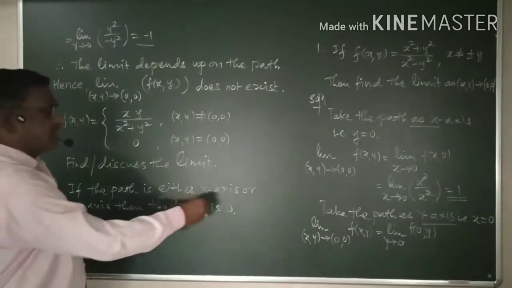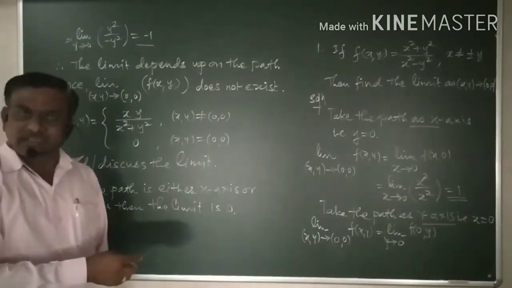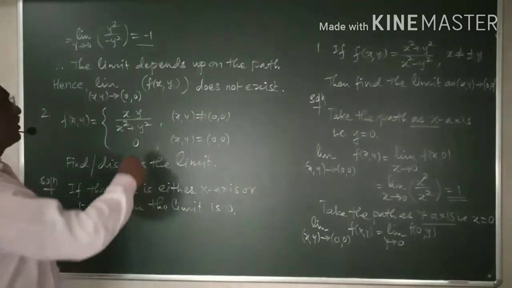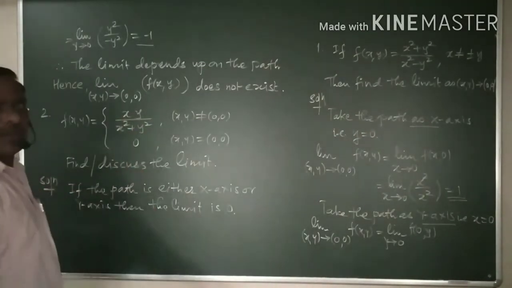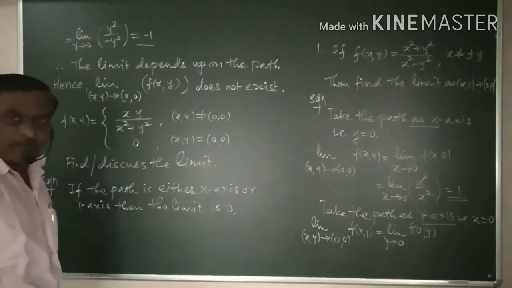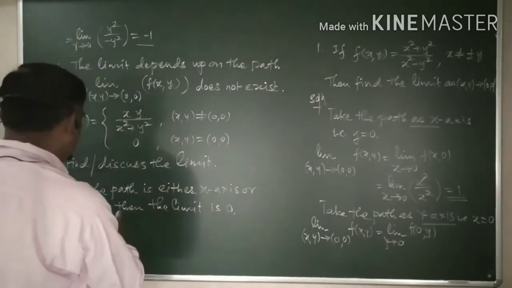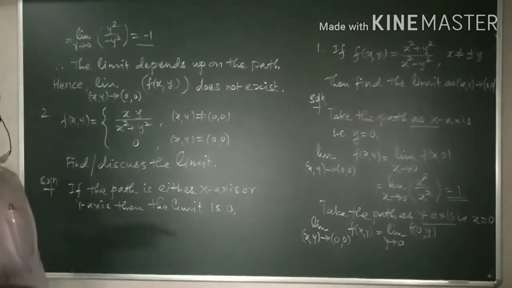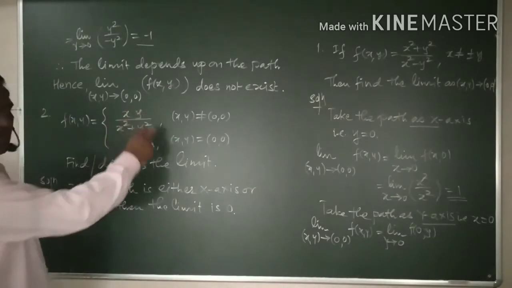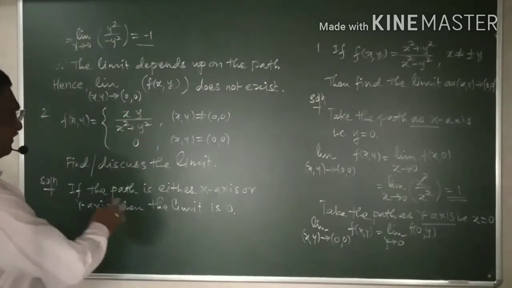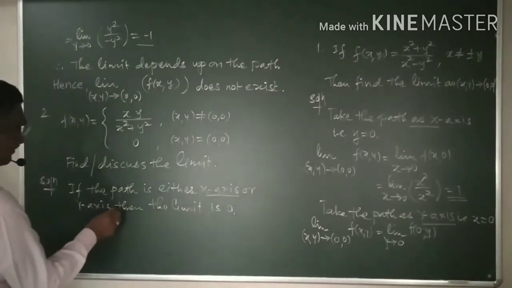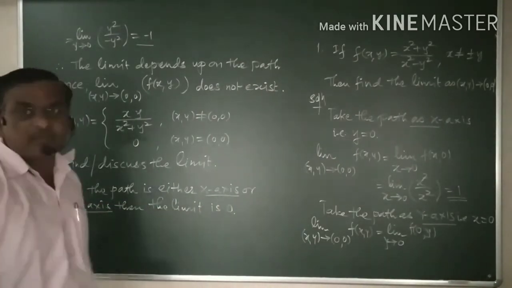Because if I am considering the x-axis, then I put y equal to 0 in the given function, and it comes out to be 0. And if I am considering the y-axis, then we substitute x equal to 0. Therefore, here also we get 0. Hence, along these two paths, the x-axis and y-axis, we are getting the same limit.